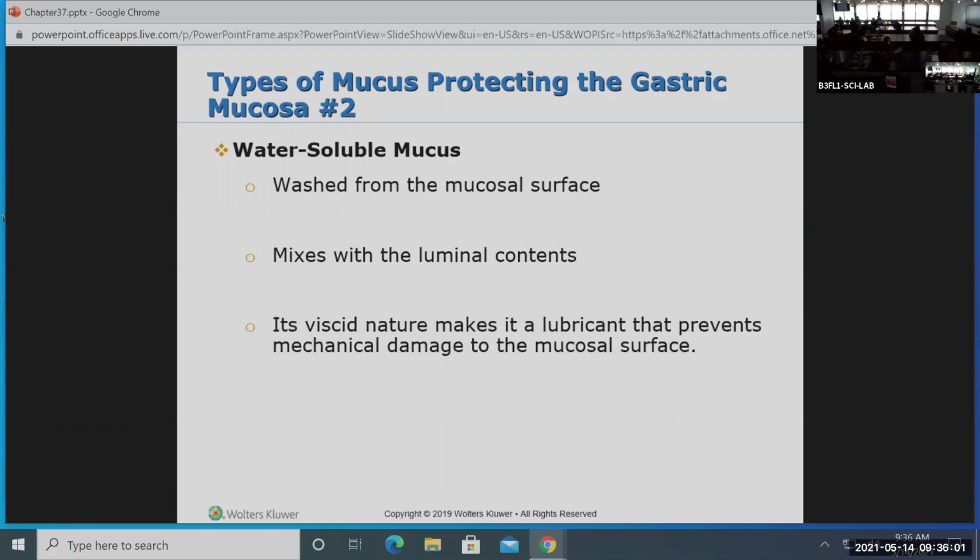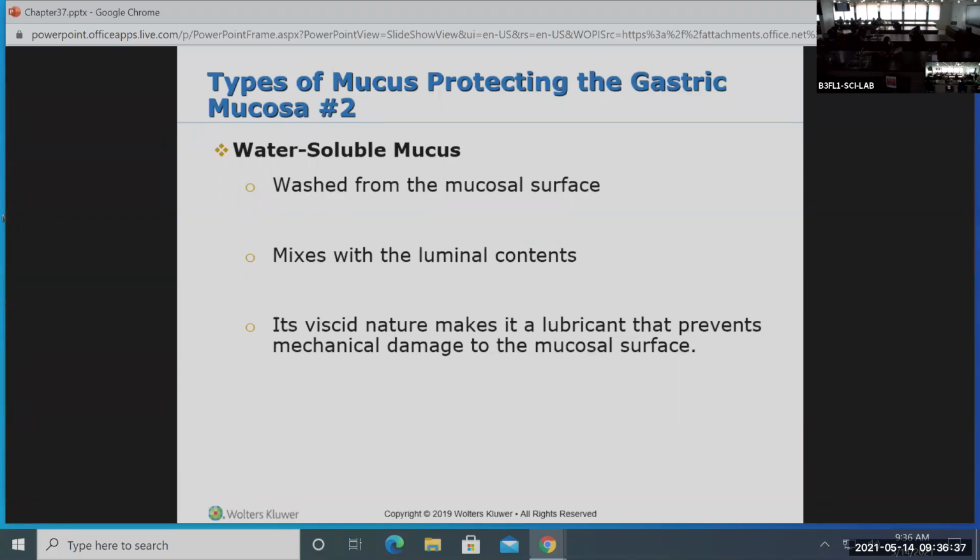What is luminal content? I didn't get it. What is luminal content? Anybody? Luminal content. It is the material, my food, my gastric juice, all those secretions within the stomach. That is my luminal content.